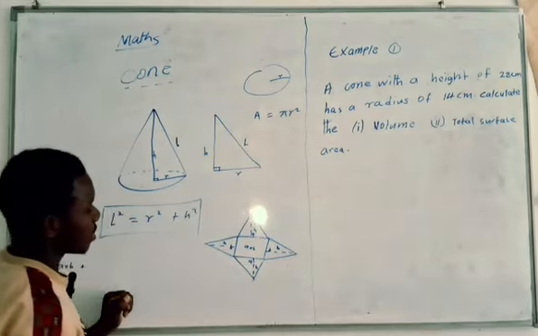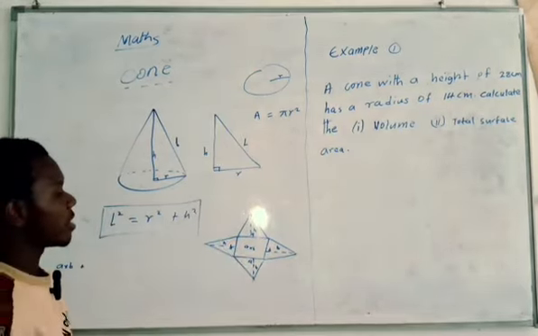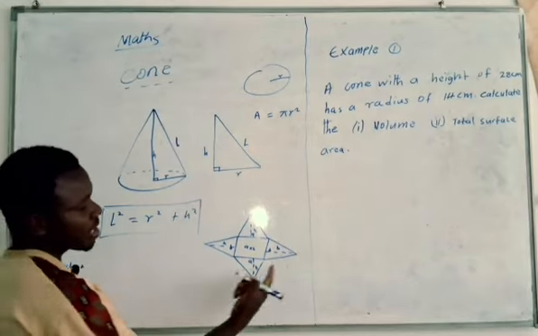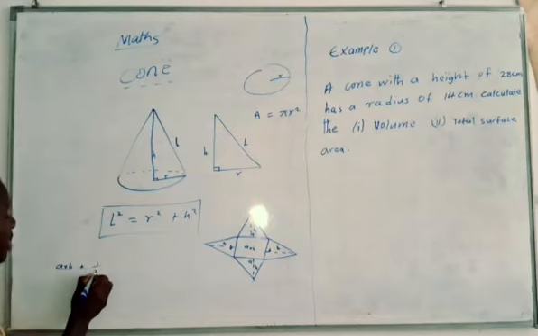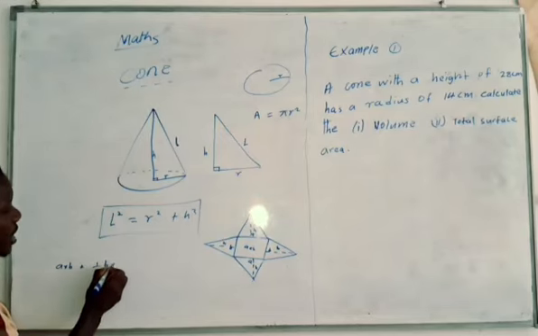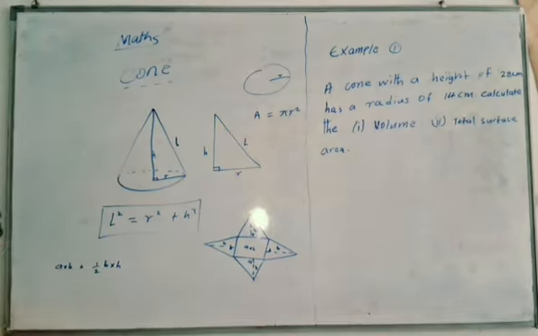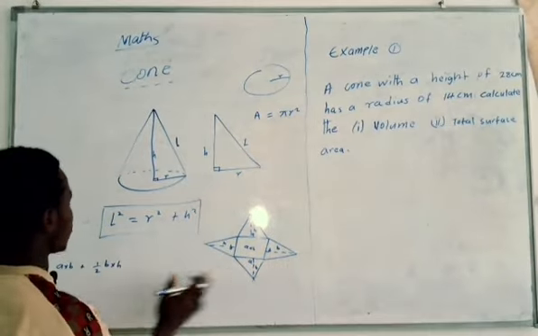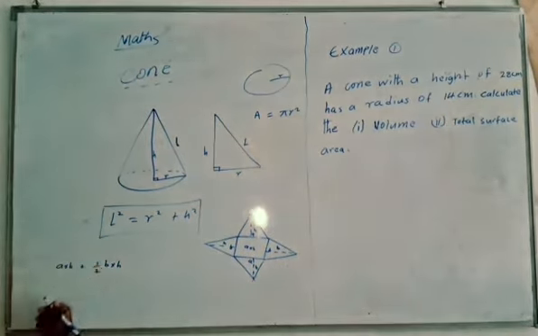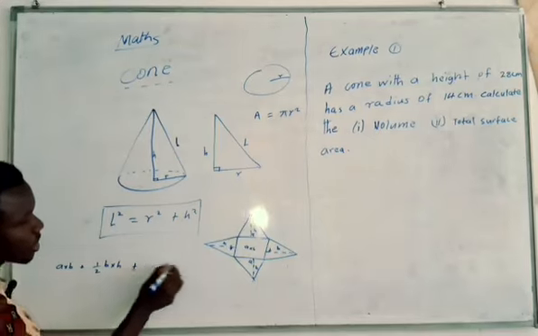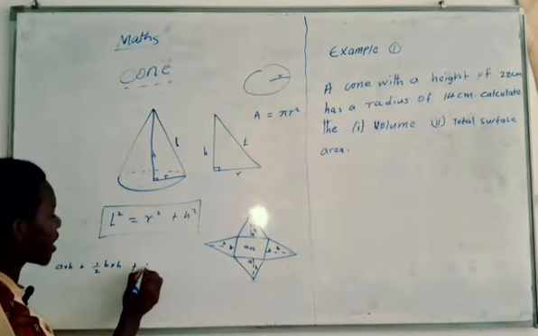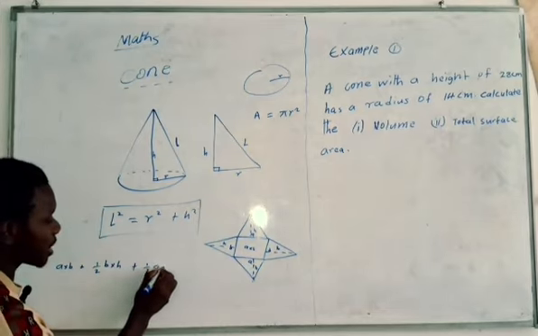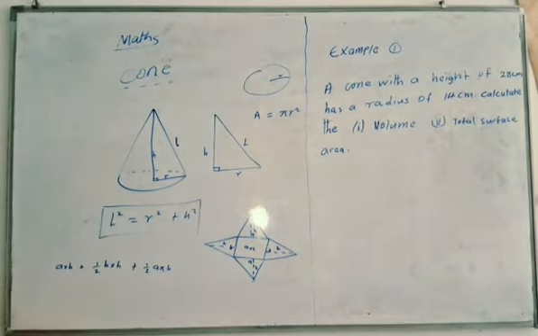How do you find the area of a triangle? The area of the triangle is half the base, which is B, times the height. Since there are two of them, we multiply by 2. Plus the other one, where the base is A times the height. That will be half A times the height.